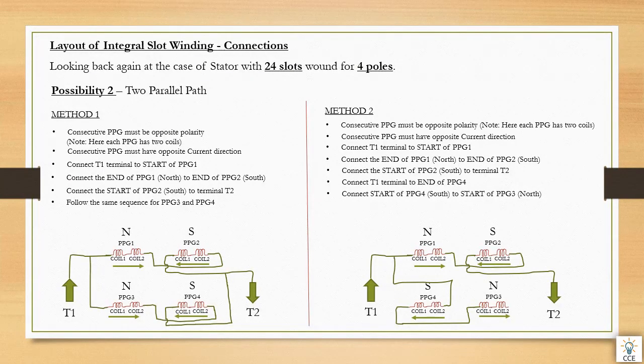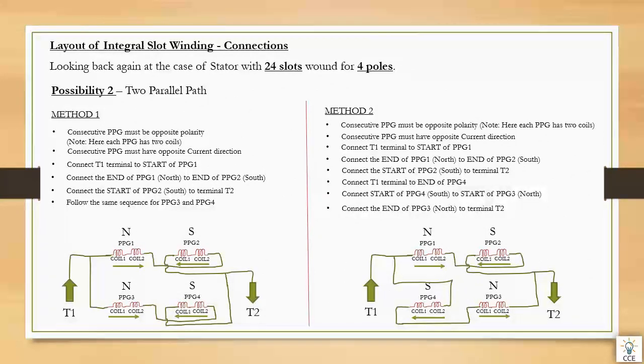So just check the direction of the currents in the coils that are shown by the arrow. I am making the connections as per those arrows. So that's how the start of the pole phase group 4 has been connected to the start of the pole phase group 3, and the end point of the pole phase group 3 is connected back to T2. So in this case also you can see that two parallel paths have been created among the PPG1, PPG2, 3 and 4.